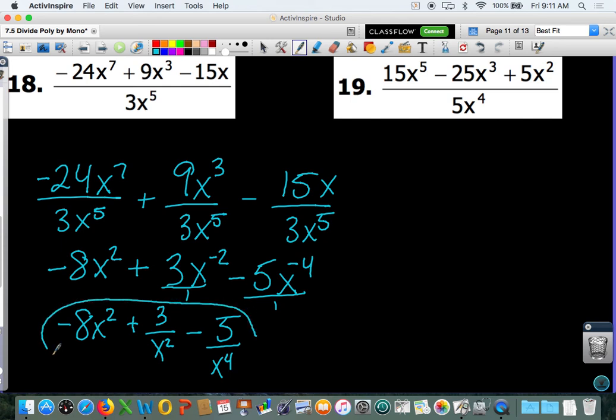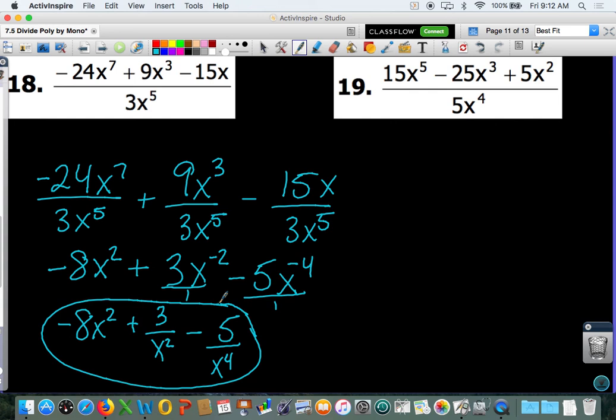So my final answer is negative 8x squared plus 3 over x squared minus 5 over x to the 4th. Sorry, my 5 did not look like 5. Okay, there you go. There's your final answer.